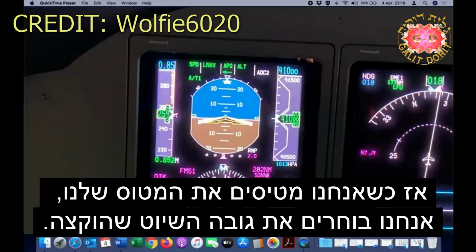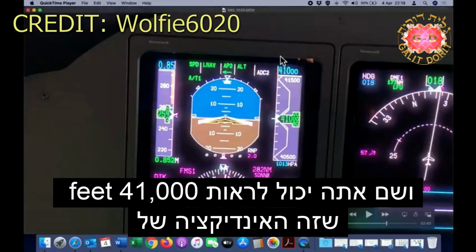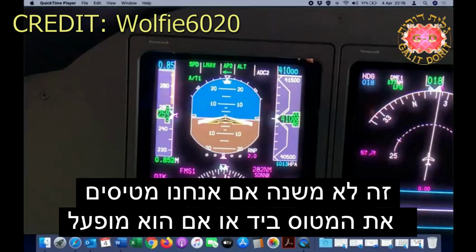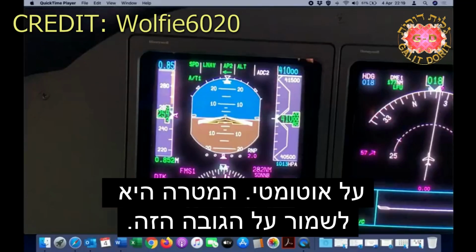So when we fly our aircraft, we select the assigned cruising altitude, and there you can see 41,000 feet. That is the indication of the selected altitude. It doesn't matter if we are hand flying the aircraft or if it is on autopilot, the objective is to maintain that altitude.